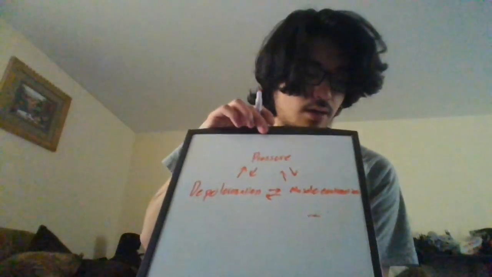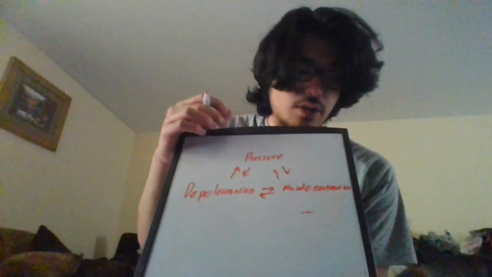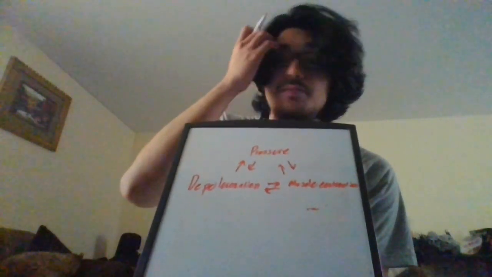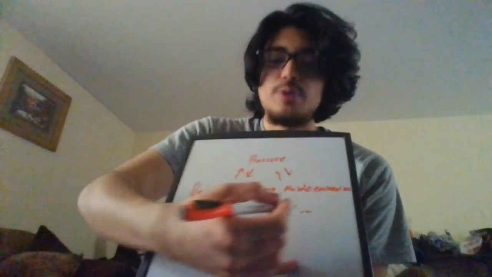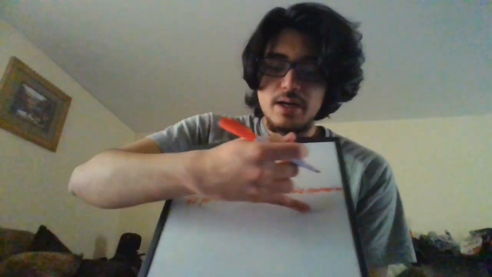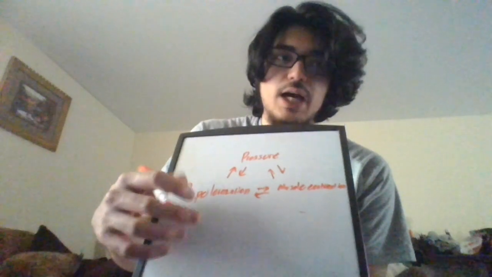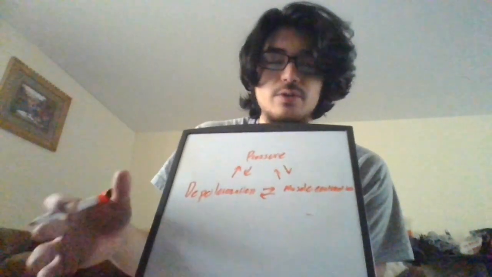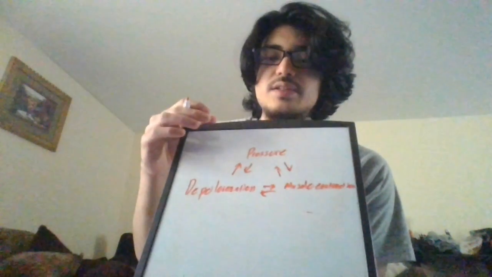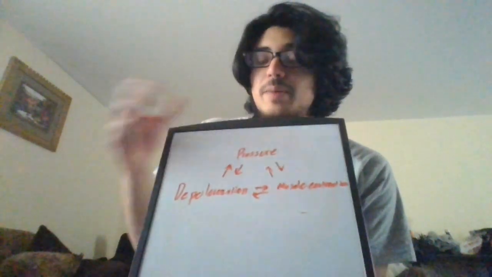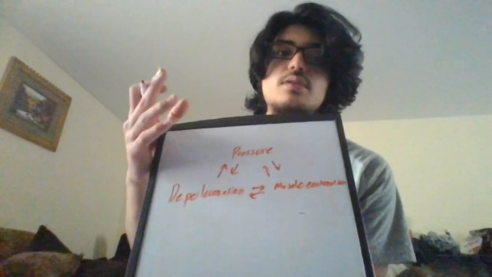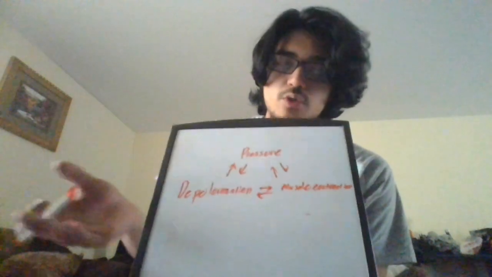We can also have inotropes or adrenergic agonists, which are going to increase muscle contraction by increasing the force at which they contract. There's a couple different modalities that they can do this. They can increase the amount of calcium going into the muscle cell, which increases force of contraction.